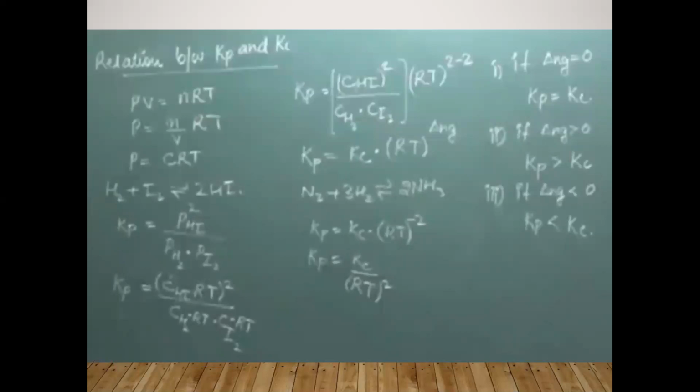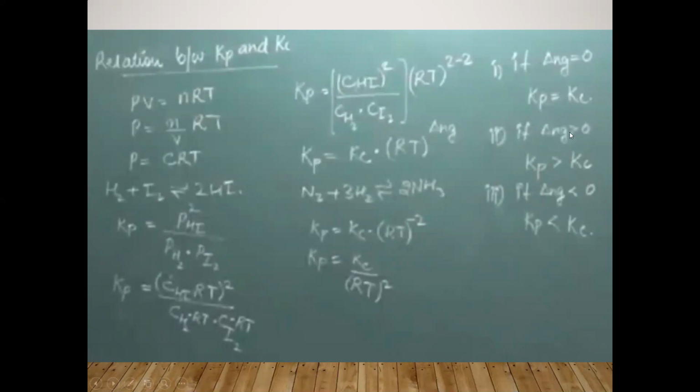Now if the value of delta Ng is 0, then what will happen? The power is 0. We know that anything with power 0 is equivalent to 1, so this value will become 1. In that case, Kp is equivalent to Kc. So if in any reaction the value of delta Ng is 0, for that reaction Kp will be equivalent to Kc.